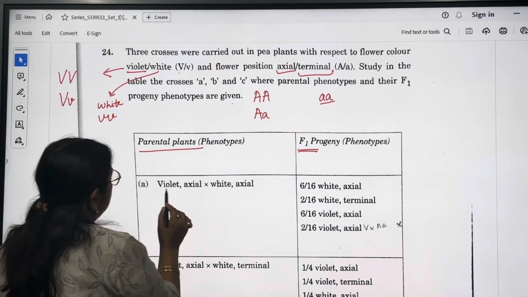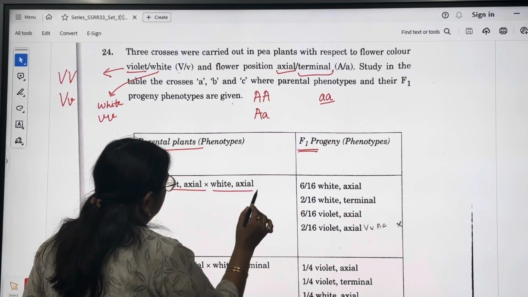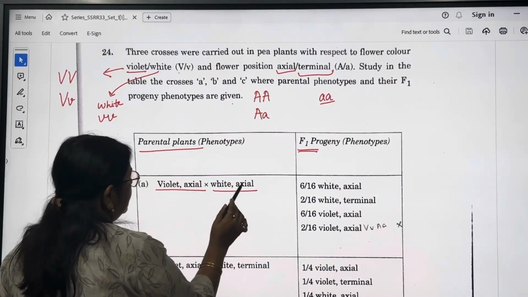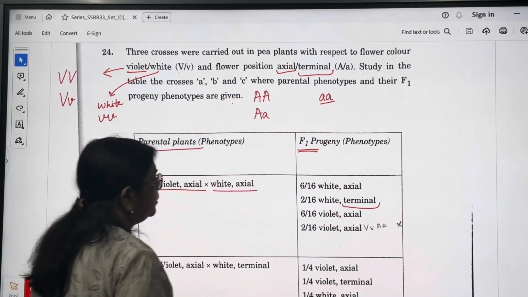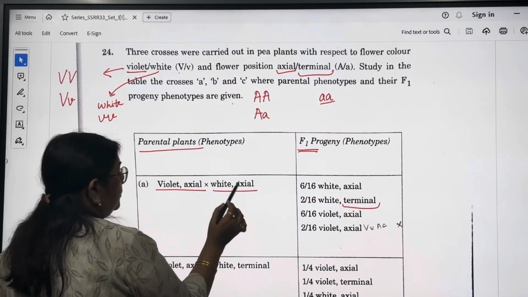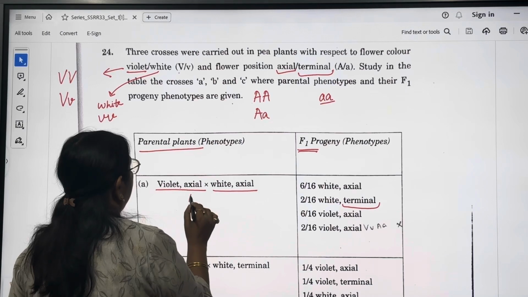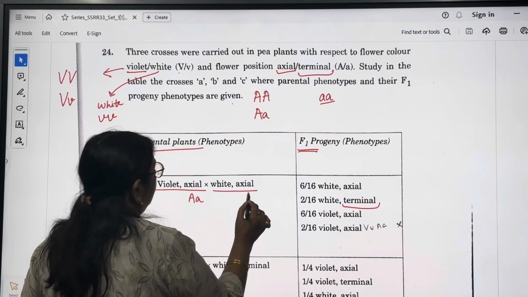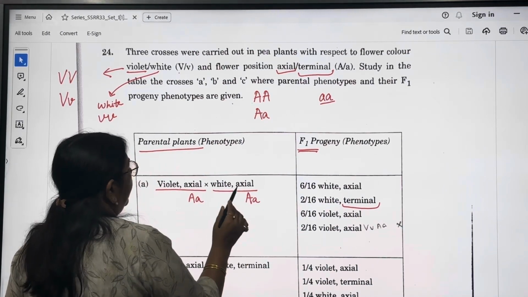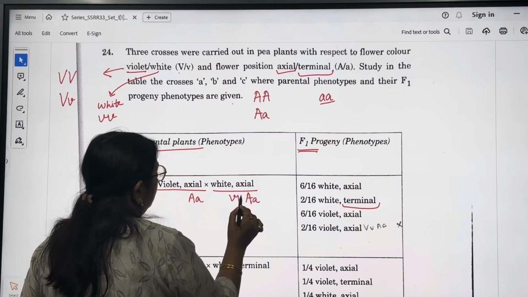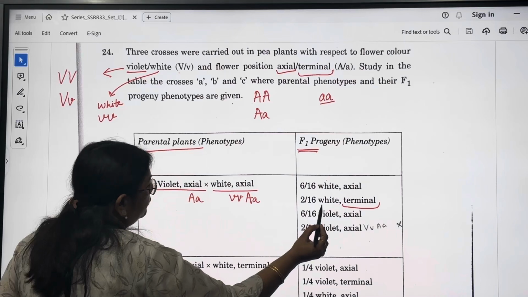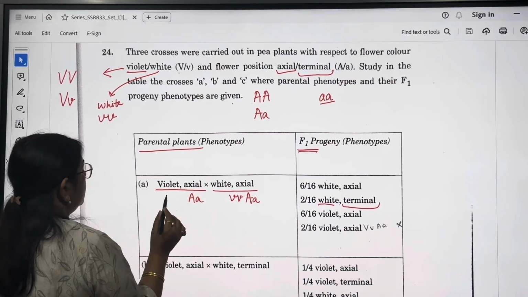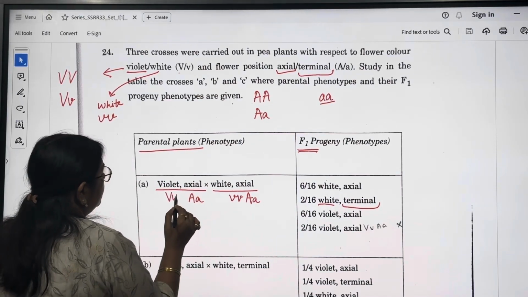Now, the first cross, violet axial and white axial. Axial and axial are taken here, but in the progeny terminal is also produced. It means these are heterozygous, so capital A small a, capital A small a. For white, only small v small v can be taken. And for violet, because we have to produce white also, it will be heterozygous, capital V small v.